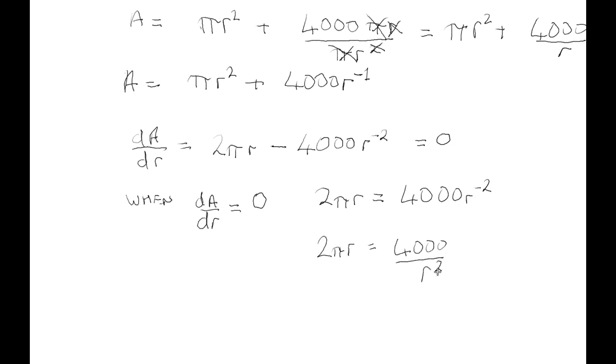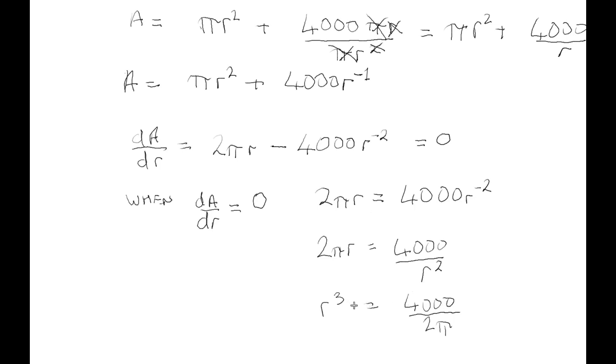So after a bit of rearranging, I get r cubed equals 4,000 divided by 2 pi. What I've done is multiplied through by the r squared, bringing it to this side of the formula, and divided through by 2 pi, which brings it to this side.